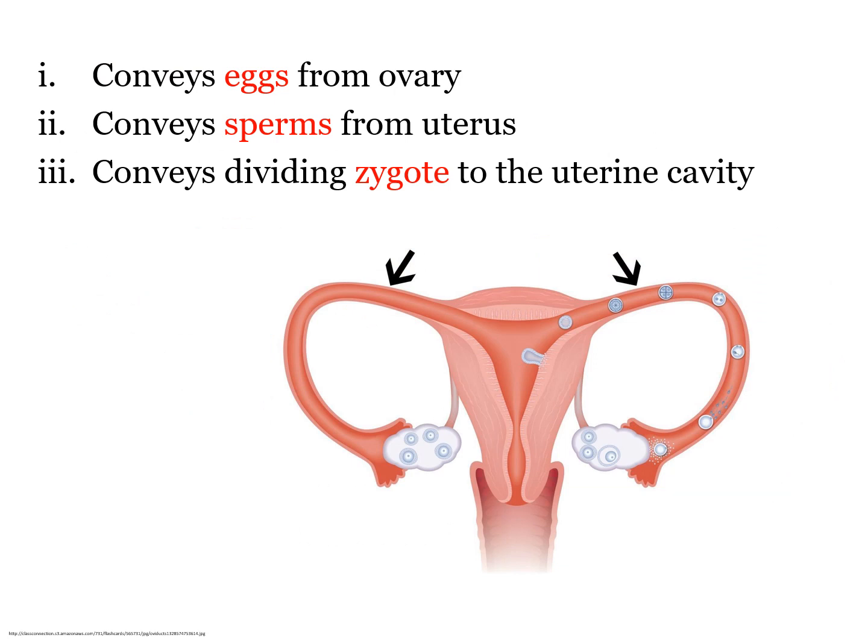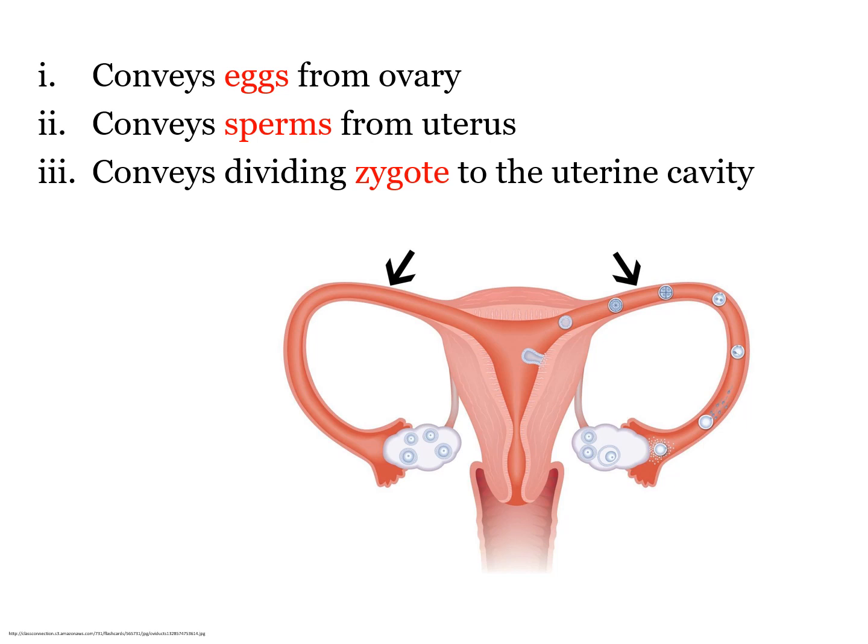The main function of the uterine tubes is as a pathway. First, for the eggs to travel from the ovary. Second, as a pathway for the sperm from the uterus. And lastly, if there is fertilization, a pathway for the dividing zygote towards the uterine cavity.